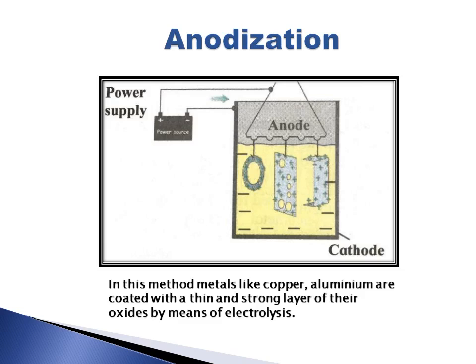For example, when aluminium is anodized, a thin layer of aluminium oxide is formed. It obstructs the contact of aluminium with oxygen and water. This prevents further oxidation. This protection can be further increased by making the oxide layer thicker during the anodization.